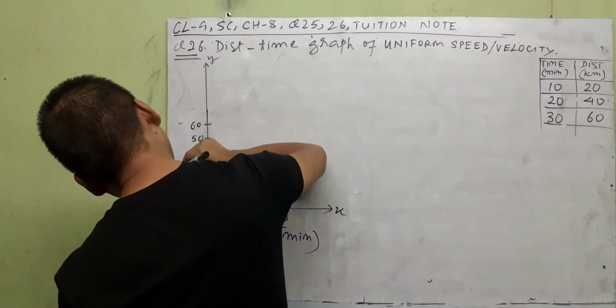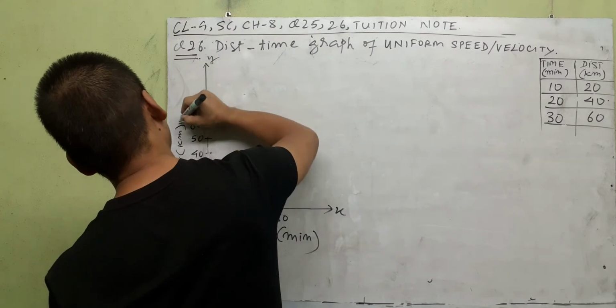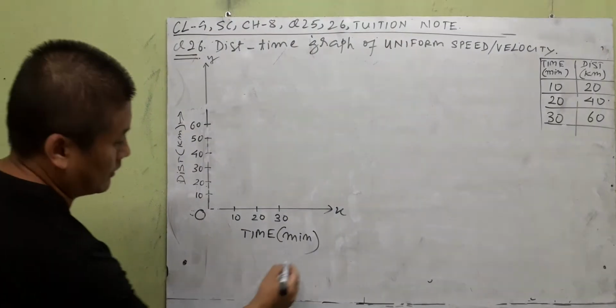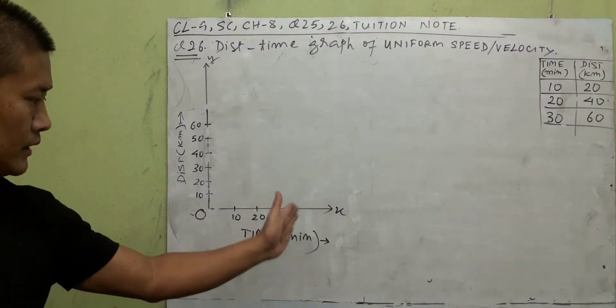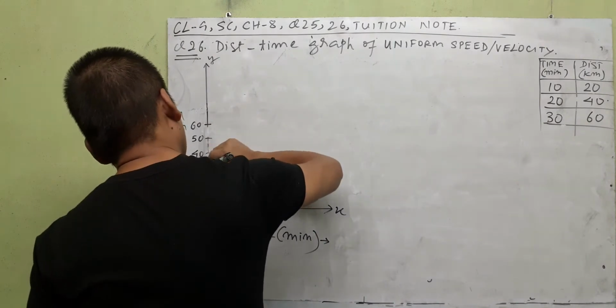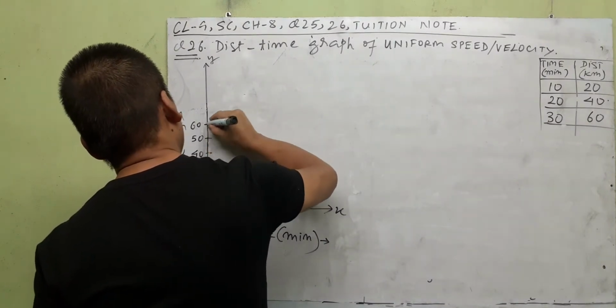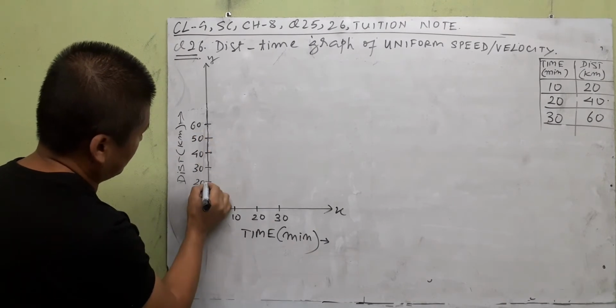On the y-axis we put distance, in this case in kilometers, going in this direction. Time is going in this direction, from 0 to 10, 20, like that. We're going to have to plot this diagram. We'll go very slow because this is important to understand.